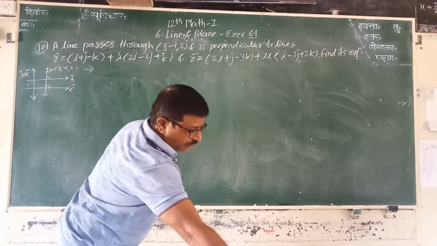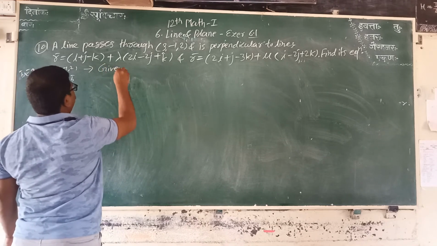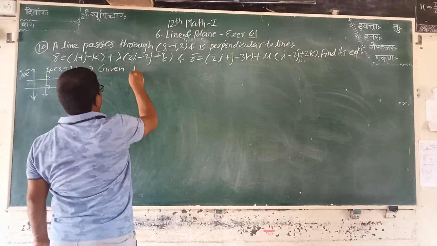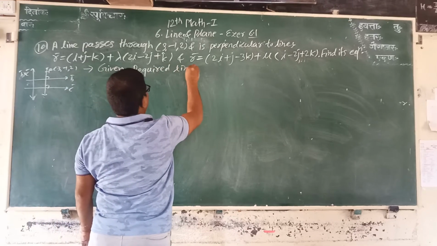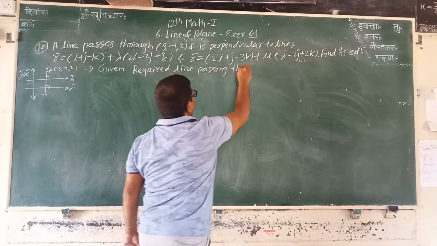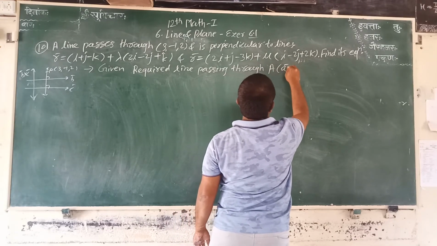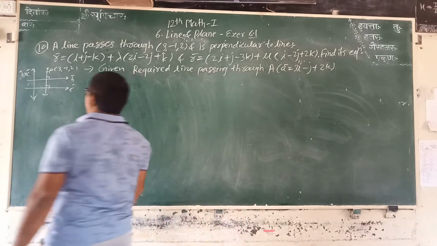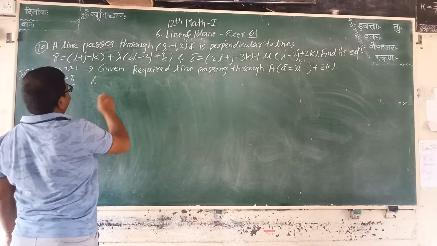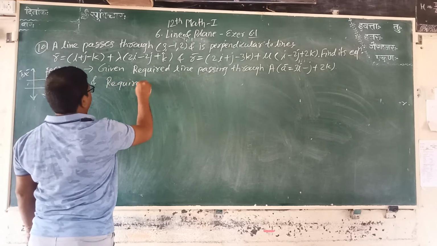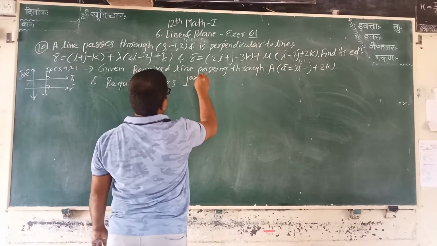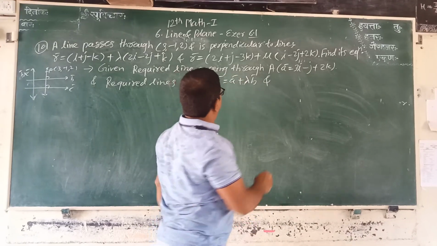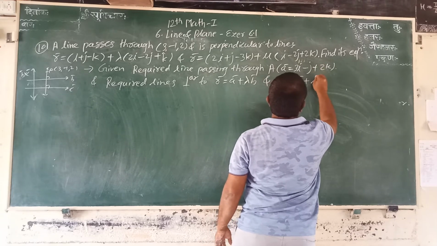For that, we take the given lines and the required line passing through A bar equal to 3 i cap minus j cap plus 2k cap, and the required line perpendicular to r bar equal to a bar plus lambda b bar, and r bar equal to a bar plus mu c bar.